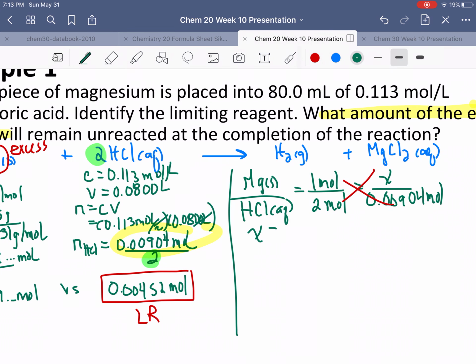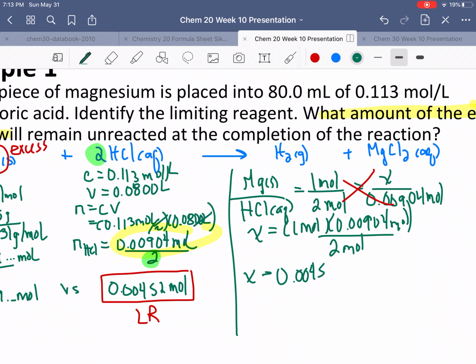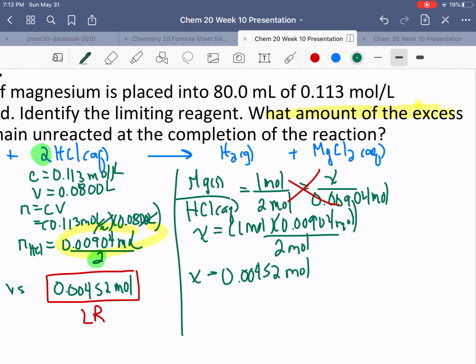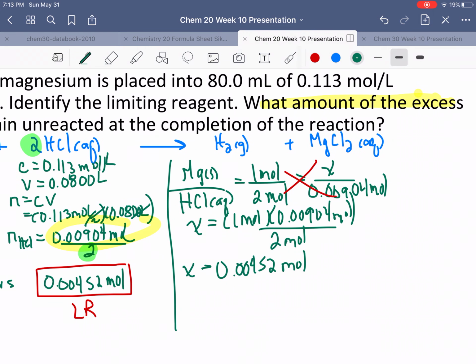We end up with X equal to 1 mole times the 0.00904 moles divided by 2 moles. In the end, X, which is equal to the amount of magnesium reacted, is equal to 0.00452 moles.